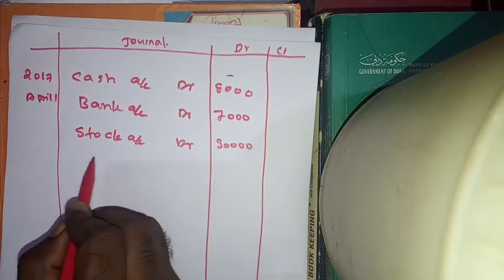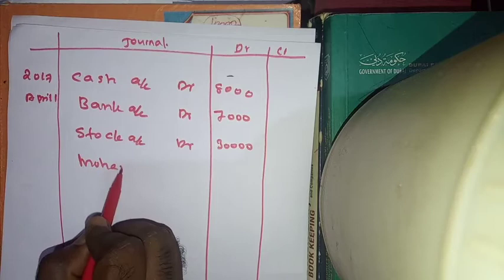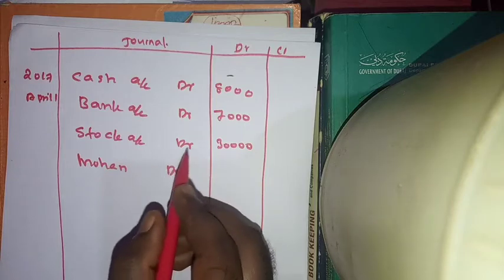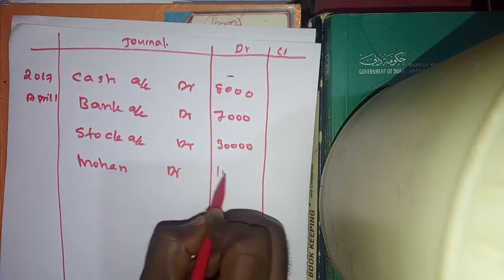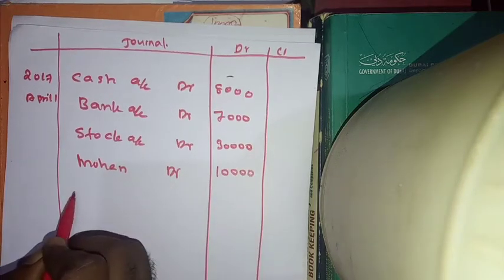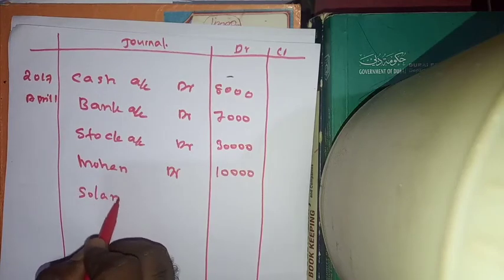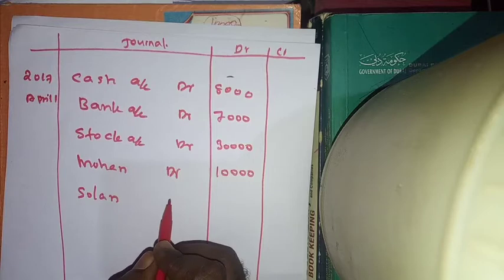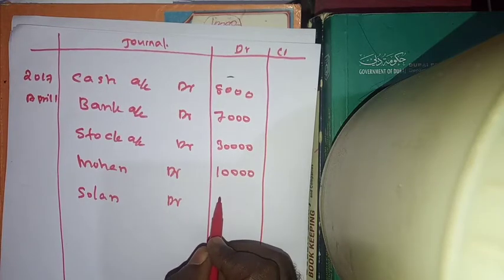Then which one? Mohan account debit. Mohan is a debtor, it is a current asset, so it is debit. Mohan account is 10,000. Then Soren account debit, the amount is 12,000.